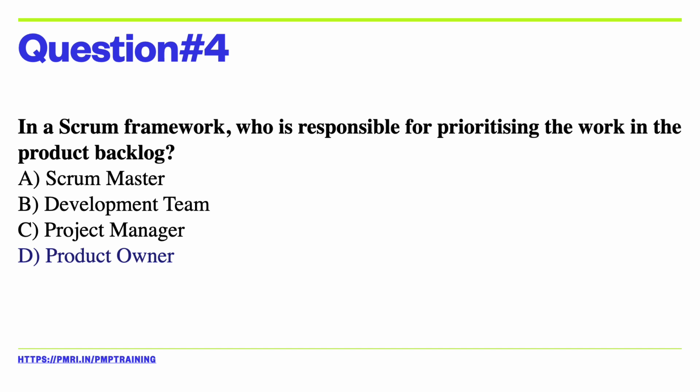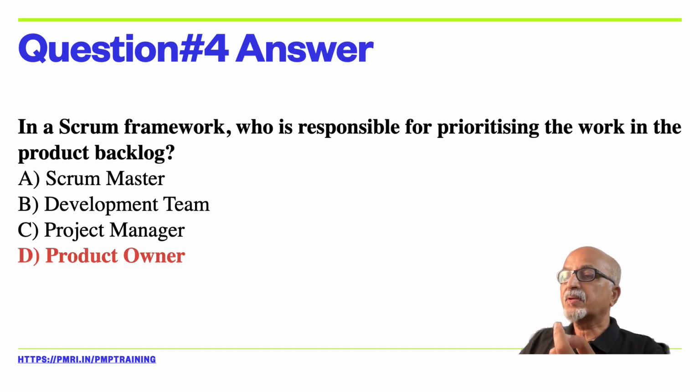In a Scrum framework, who is responsible for prioritizing the work in the product backlog? Scrum Master, development team, project manager, and product owner. The correct answer here is the product owner.